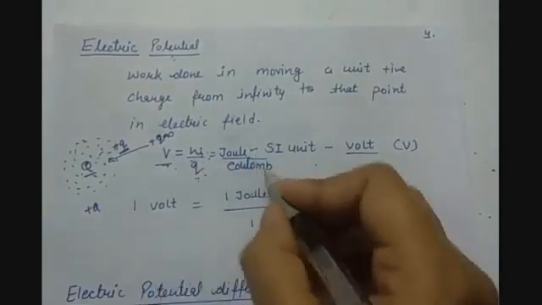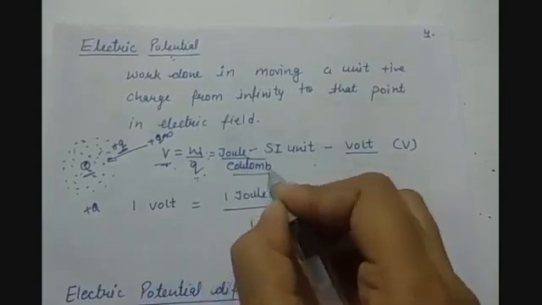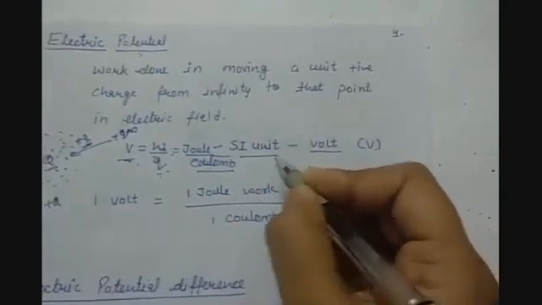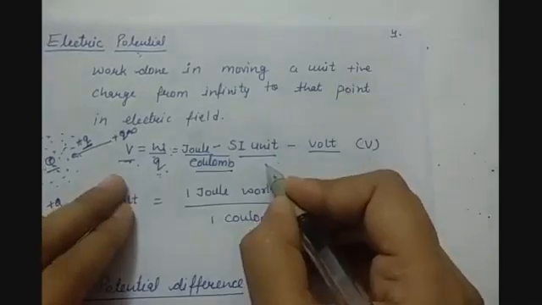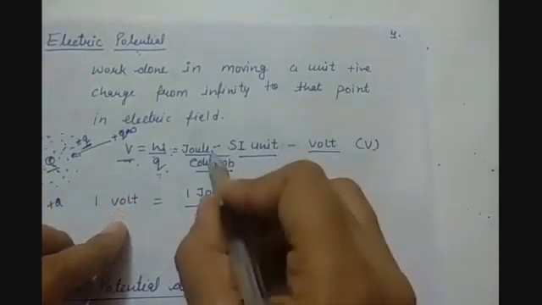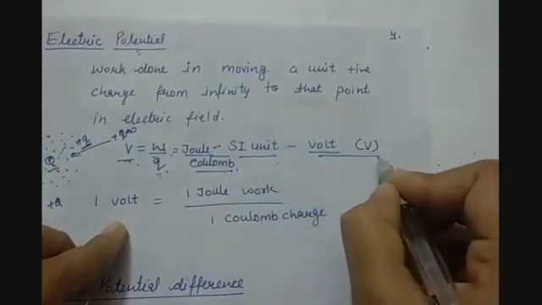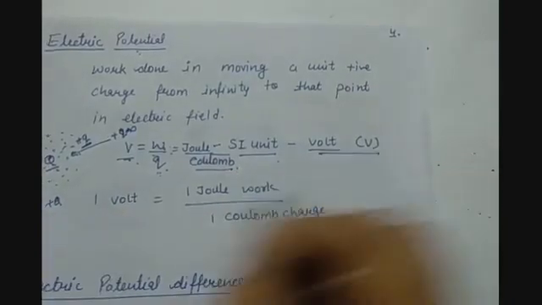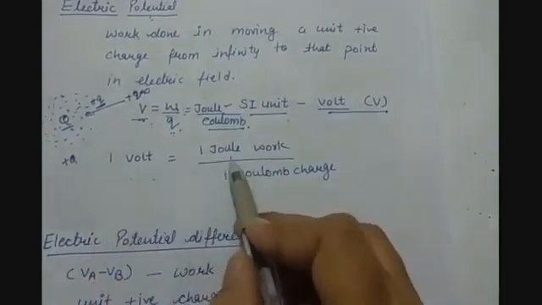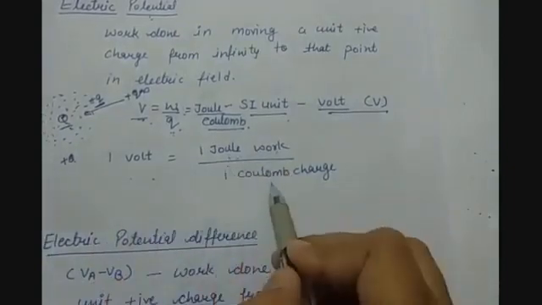Q is measured in coulombs. So the standard unit of electric potential will become joules per coulomb, or simply volt. So we know 1 volt is equal to 1 joule of work per 1 coulomb of charge.